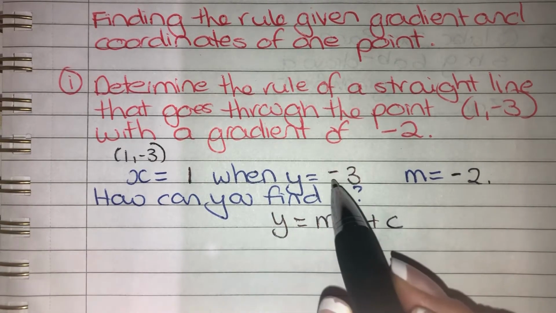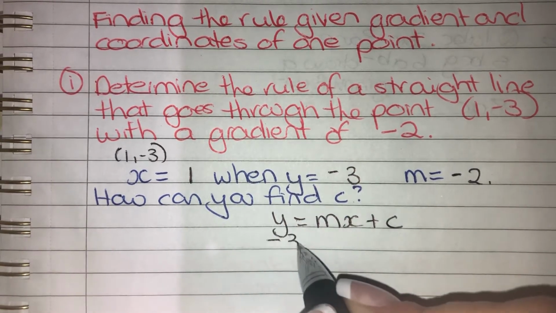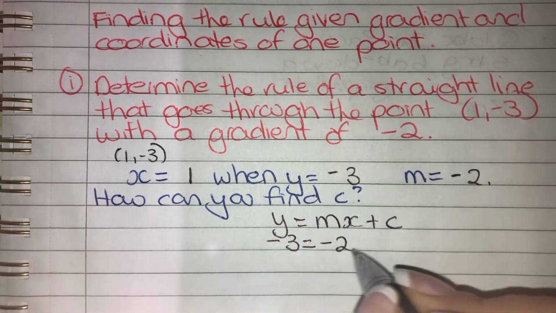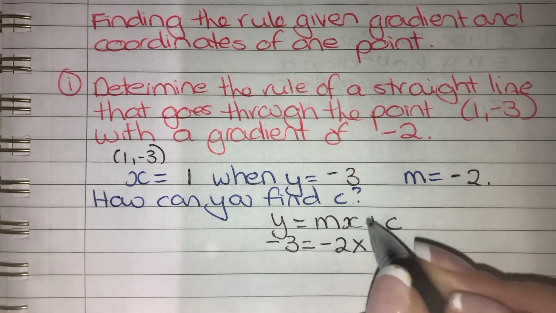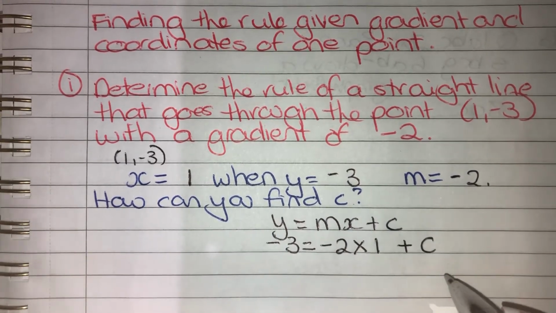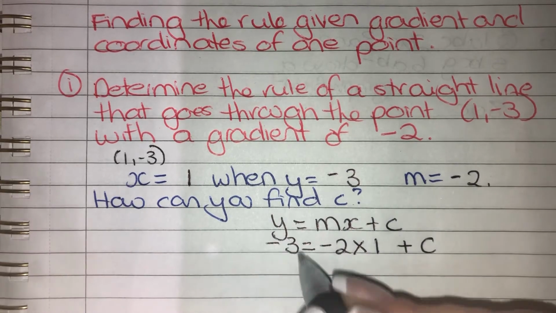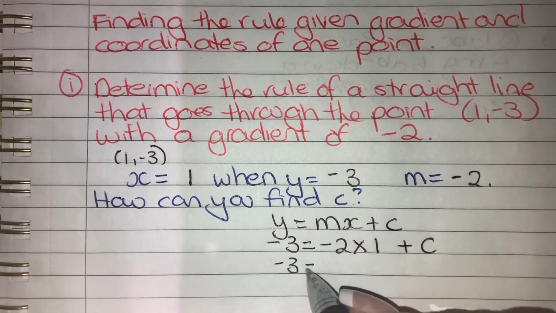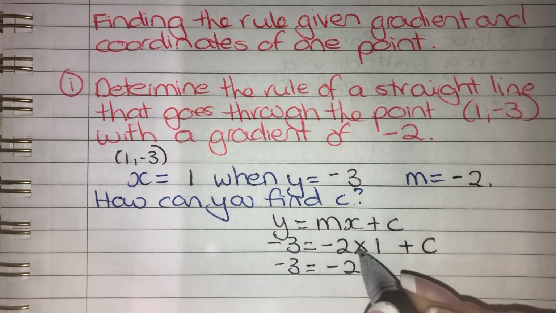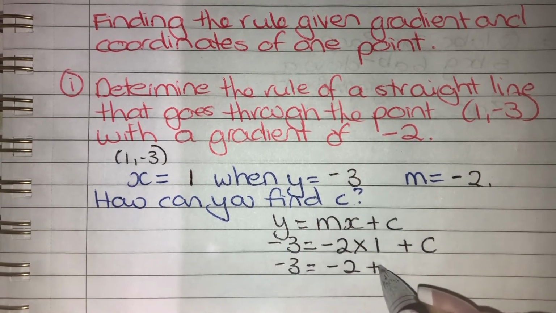So y is -3 equals m is -2 times x is 1 plus c. All right, let's play with that. Can't do much with that. -2 times 1 is -2 plus c.